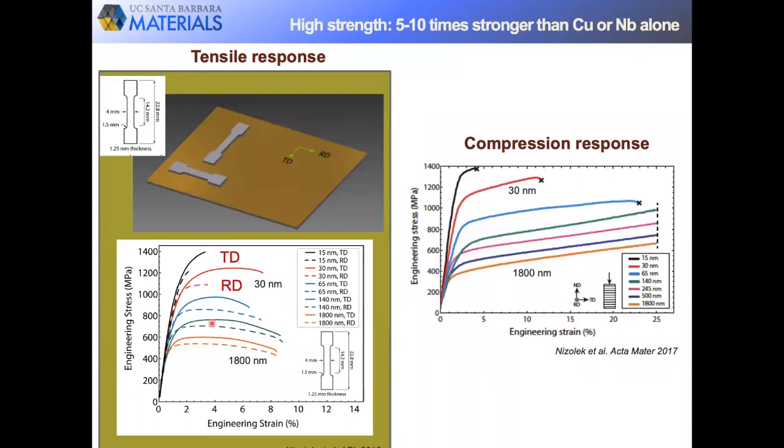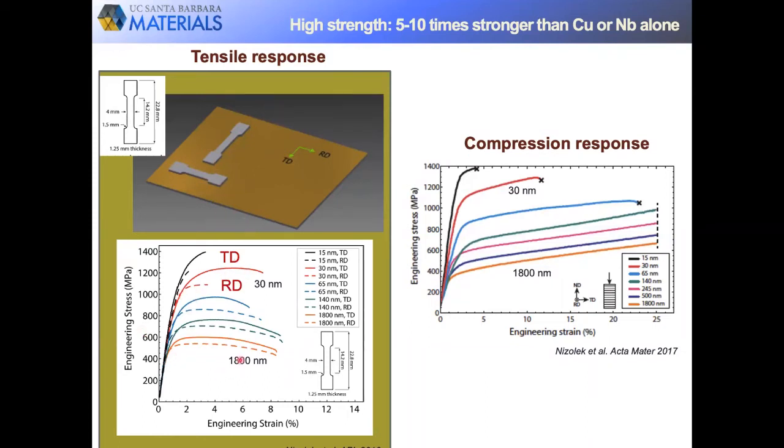What we did was take sheets of this material after different numbers of passes, which corresponds to different layer thicknesses, all in this fine range of layer thicknesses from 1.8 microns down to 15 nanometers. Here I've shown dog bone tensile tests, and these dog bones were cut both in the rolling direction and also along the transverse direction.